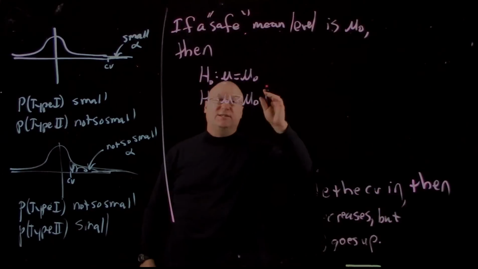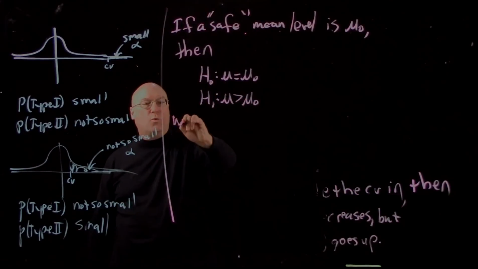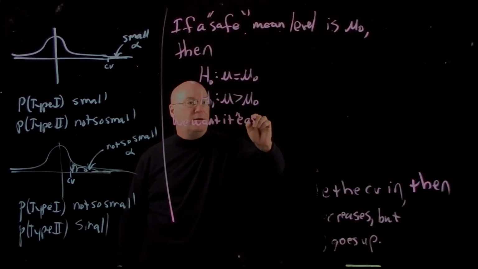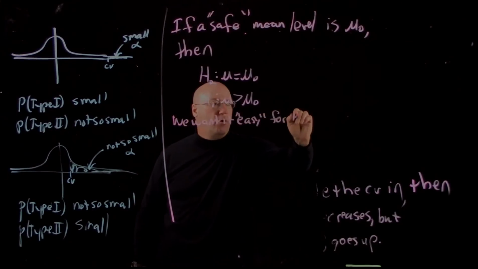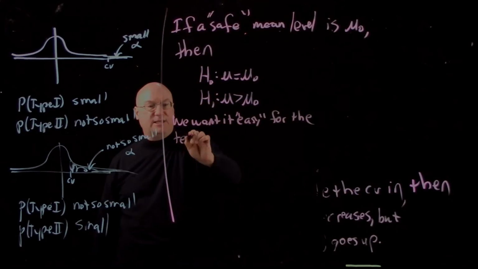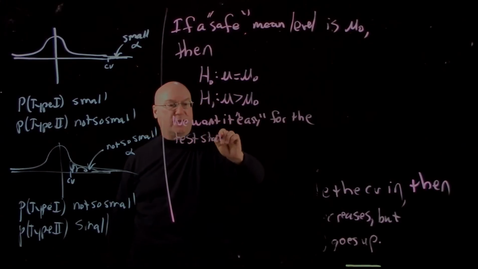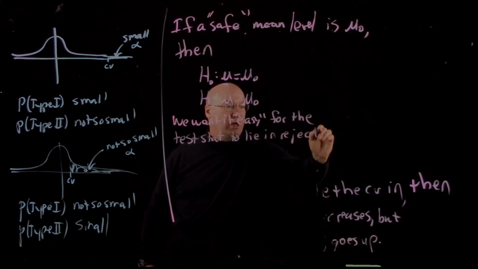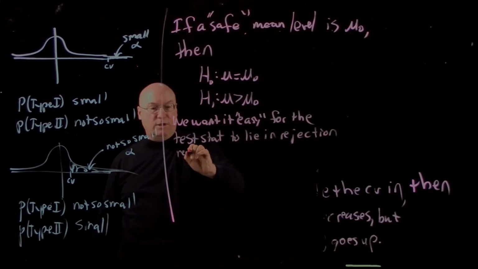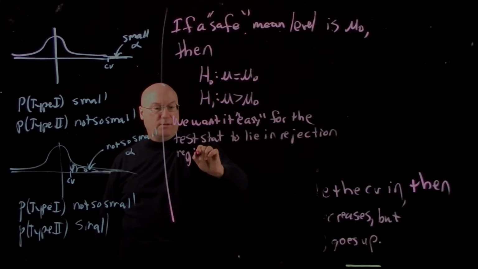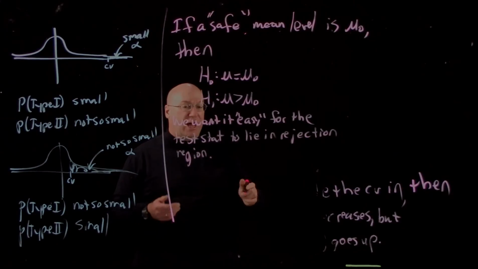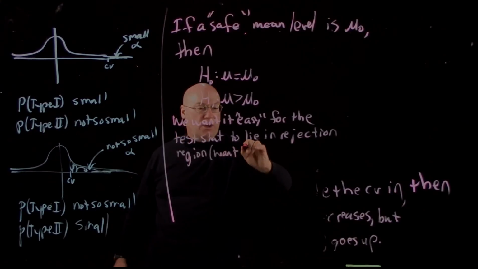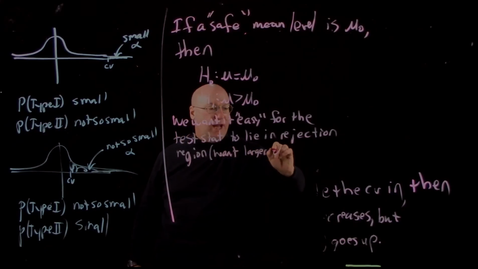If it is a dangerous pathogen, we want it to be easy for the test statistic to lie in the rejection region. So this means I want a big alpha, a relatively large alpha.